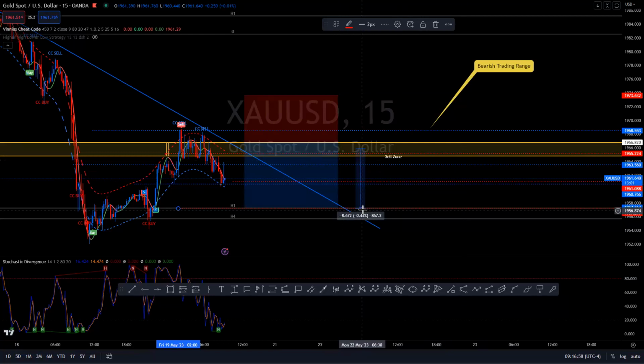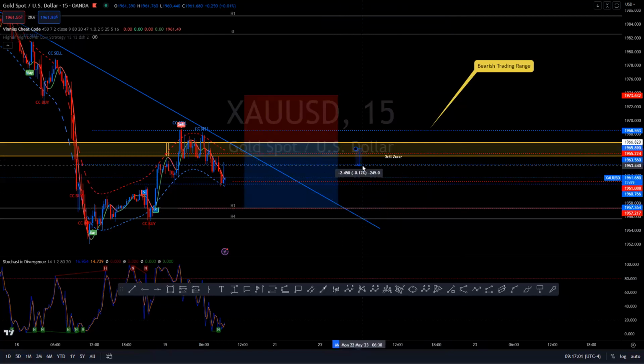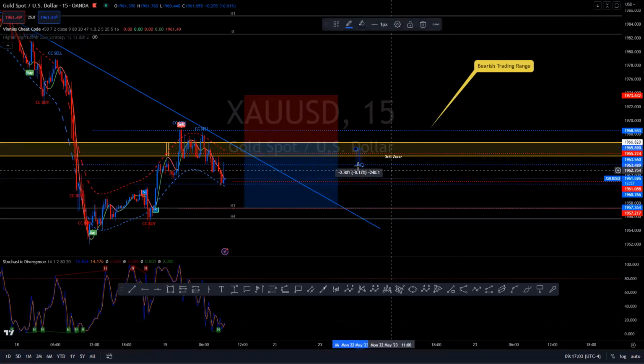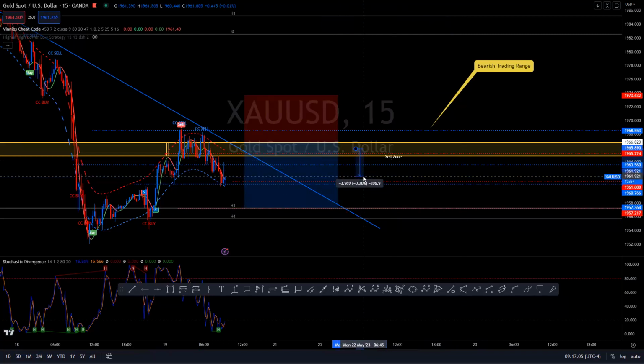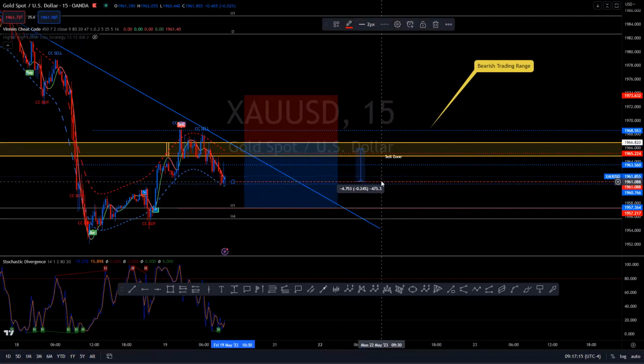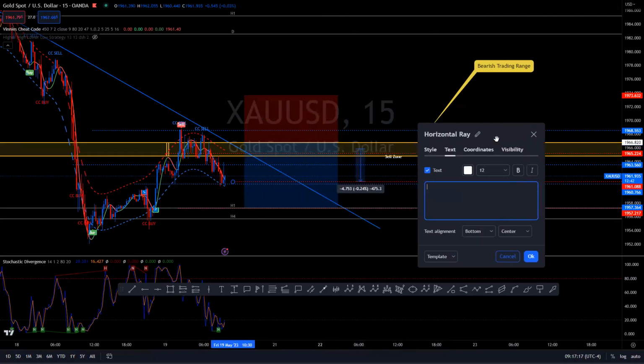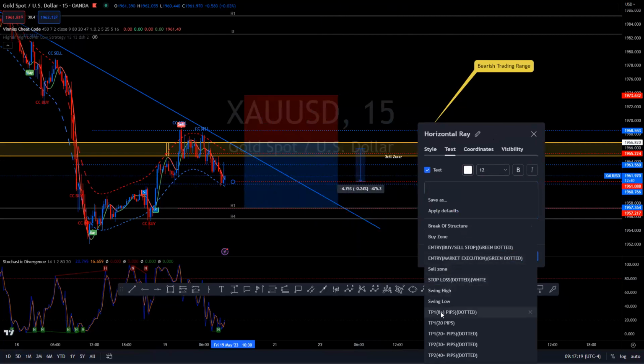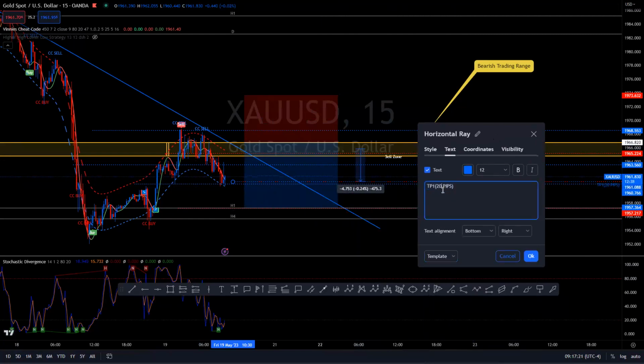So here, this was TP. So this is going to be TP1 of 450 points of base.